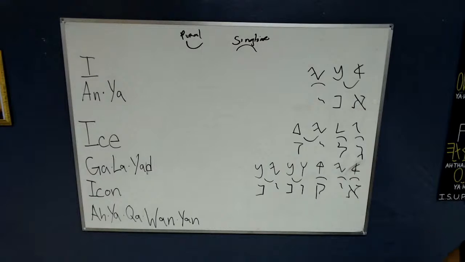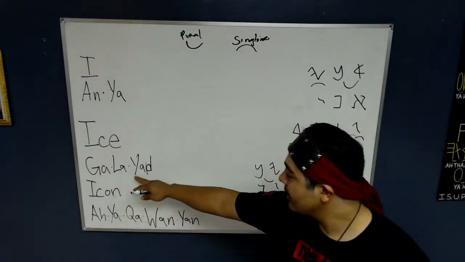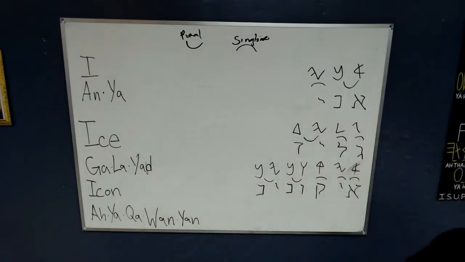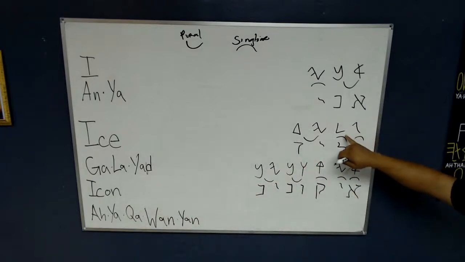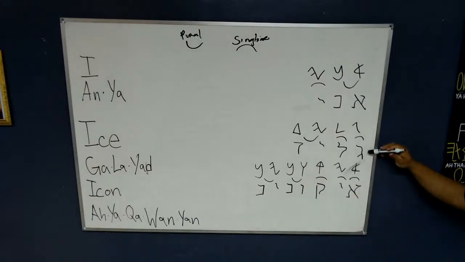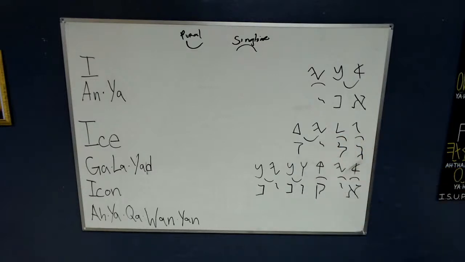Over here thinking of the ancient Hebrew. But yeah, an, ya, right, and then we got ice, right? Ga, la, yad, right? Yad. Ga, la, yad, right? Perfect. And then the Syrian is ga, la, yad, right?